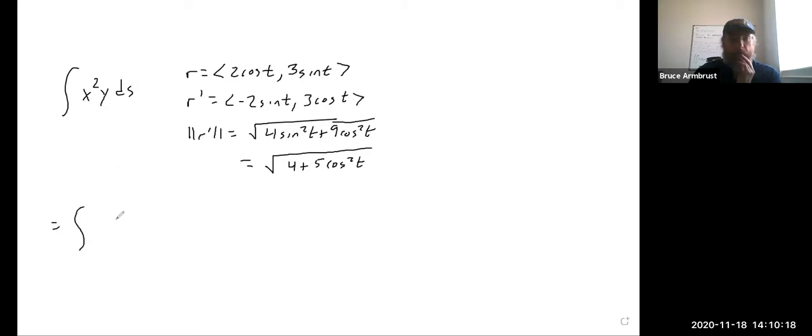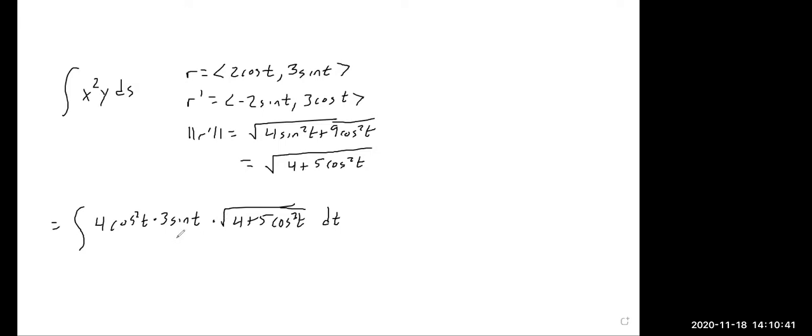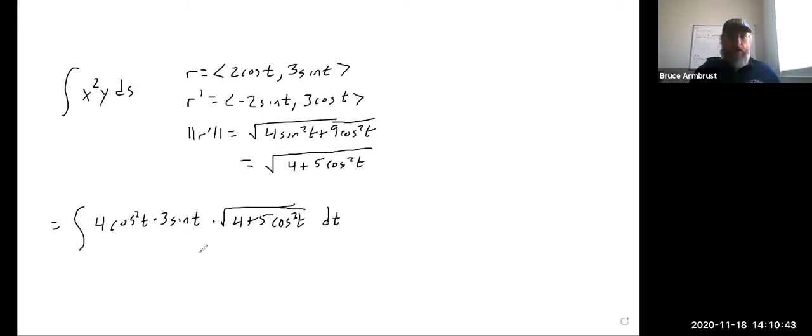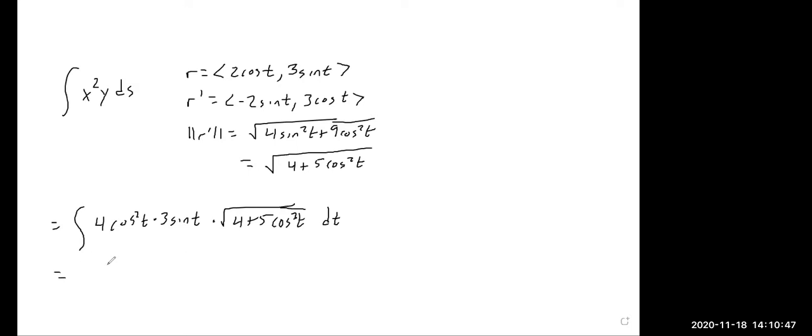So this integral then is going to be 4 cosine squared times 3 sine times the square root of 4 plus 5 cosine squared dt. And then what are the bounds on t? 0 to 1. Okay, not quite, not 0 to 1. It's going to be 0 to 2 pi.